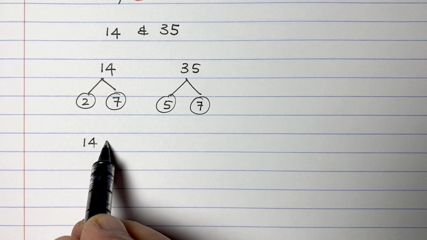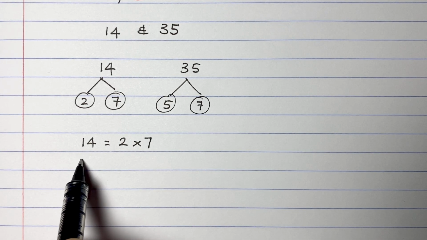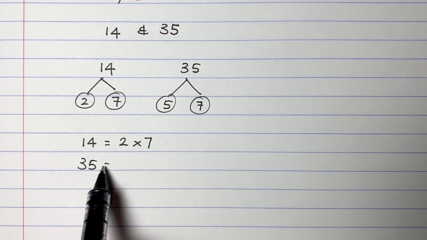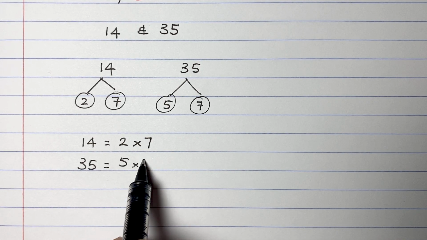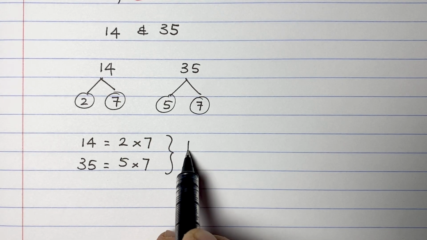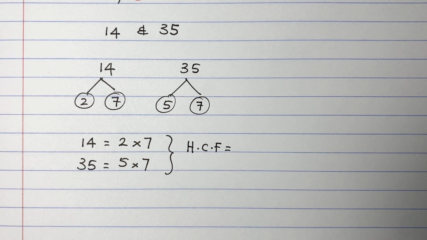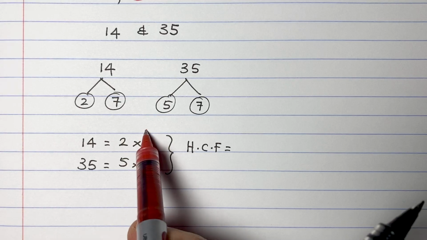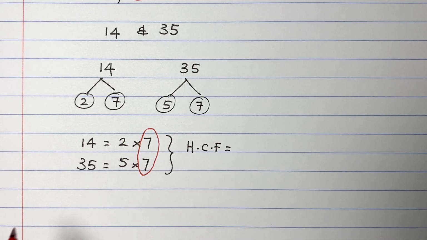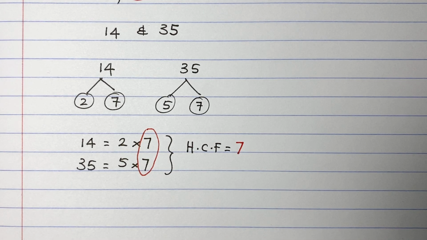So 14 is 2 times 7. And 35 is 5 times 7. So HCF is the number or numbers which are common in both lines. You can see that the only common number is 7. So HCF of 14 and 35 is 7.